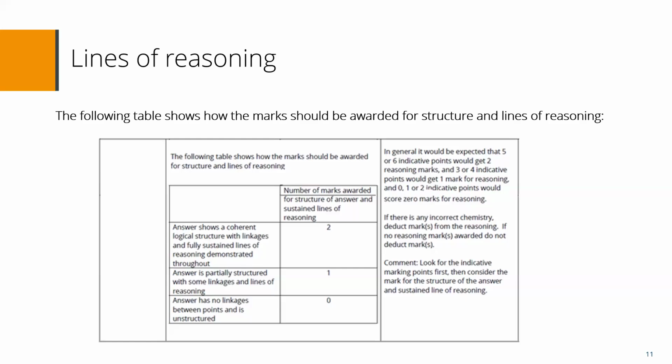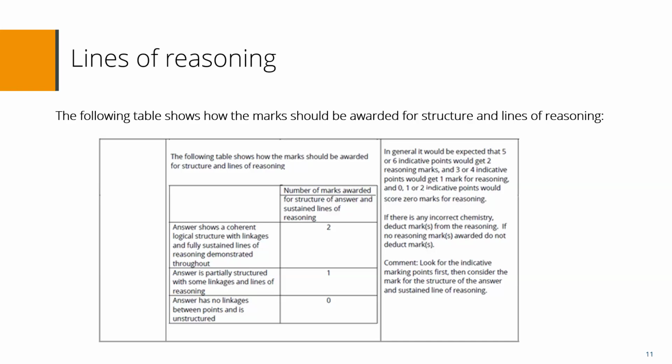So in other words, to put it in its simplest, the answer makes sense. It makes chemical sense. Okay. If the answer is only partially structured, then they'll only get 1 mark. If there's no structure to the answer, they get 0.